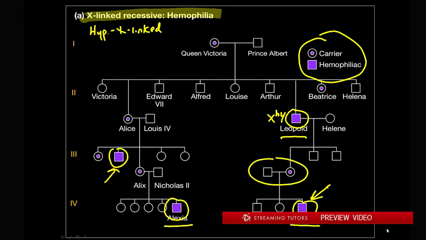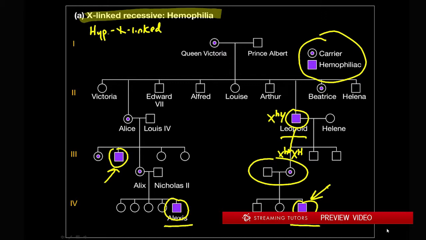Now, what this means is, if Leopold had a daughter, remember, males always give their X chromosome to their daughter, and he did have one daughter, so here she is. We know she has to have at least that. Since she's a carrier, she also has to have one big H. It's lucky we can see she's a carrier here.